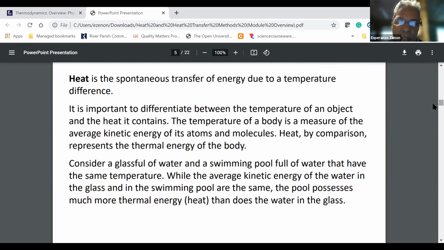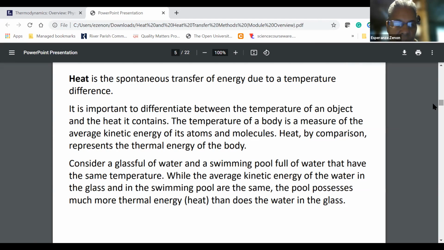But at an introductory level, we need to understand the difference because, for example, it gives a nice example here. If I had a glass full of water and a swimming pool full of water, they can both be at the same temperature. You can stick your thermometer in either one of them, and they could have the same temperature.